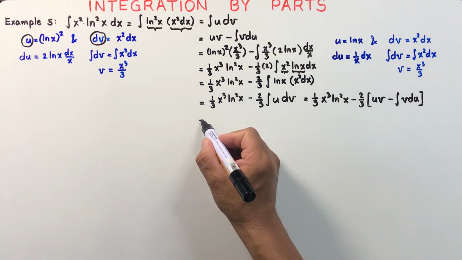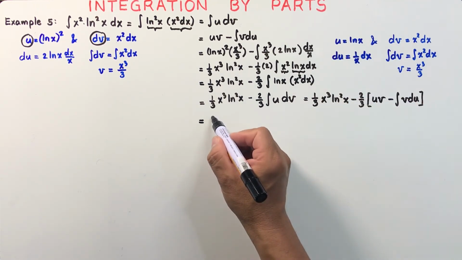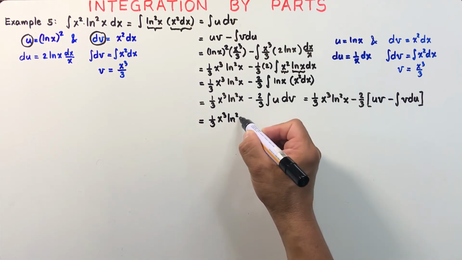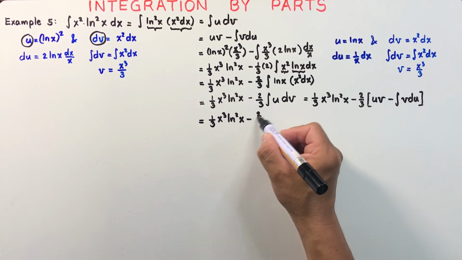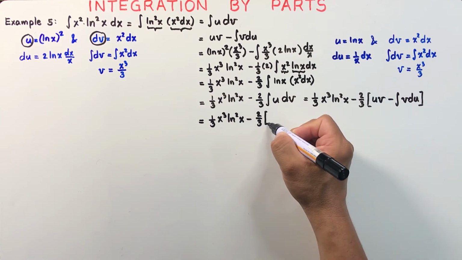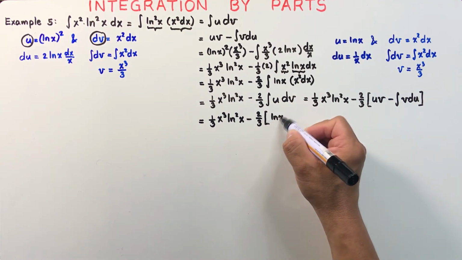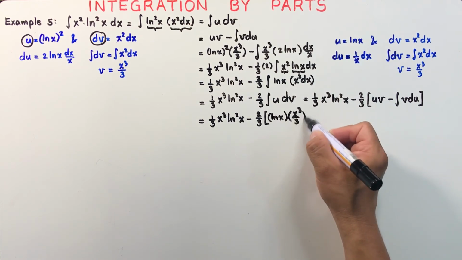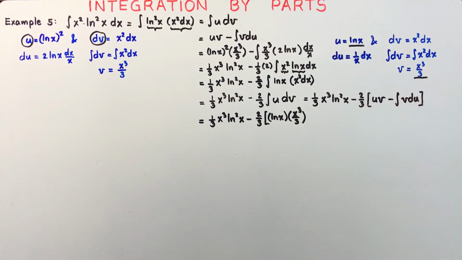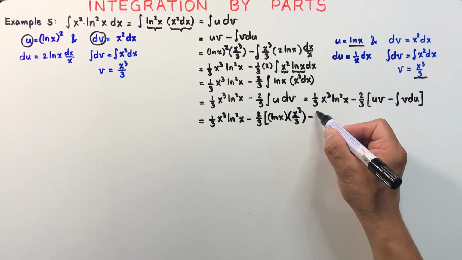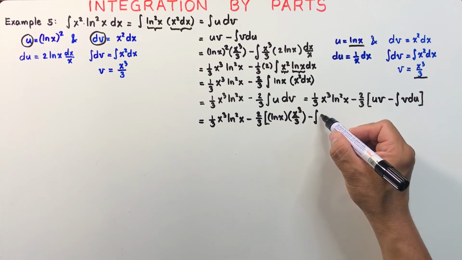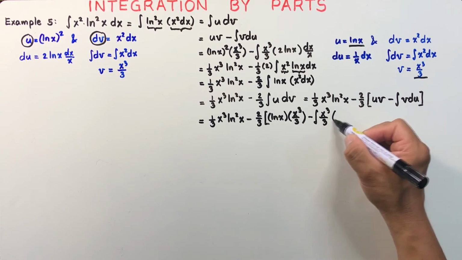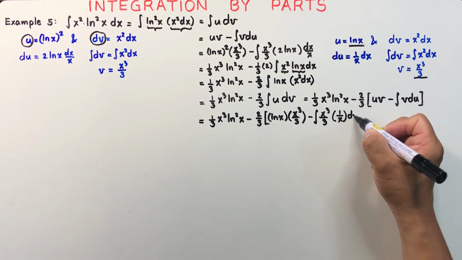So substituting our original functions there, we have 1/3 of x cubed times the square of ln x minus 2/3 of the product of u, which is ln x, times the v, which is x cubed over 3 here. And this will be subtracted by the integral of v, which is x cubed over 3, times du, which is 1 over x dx.